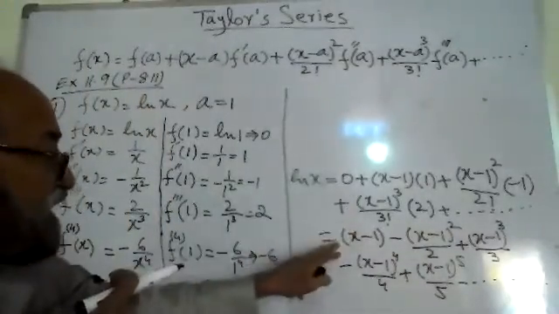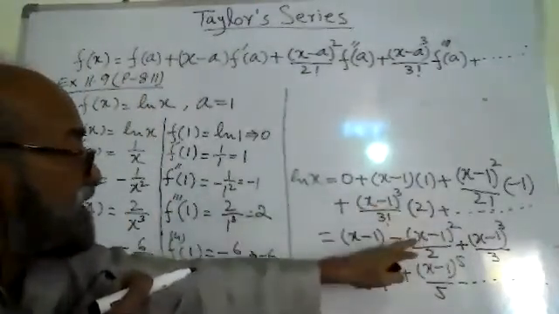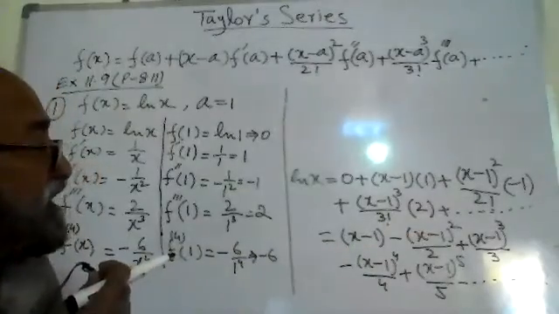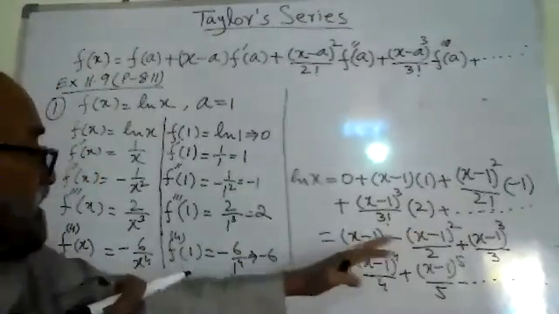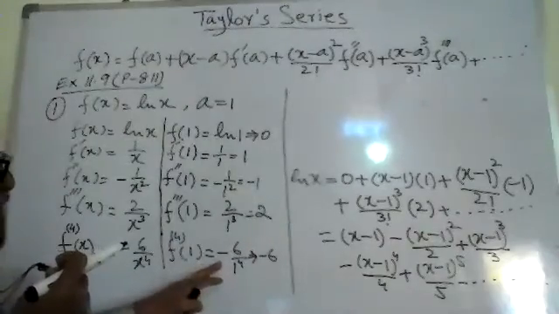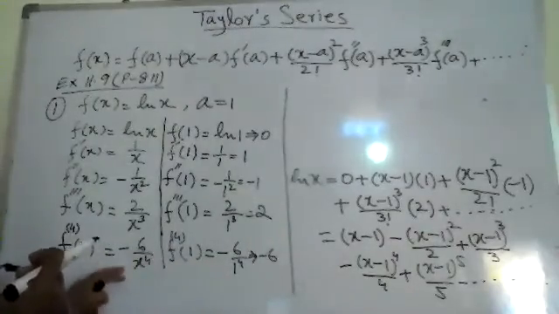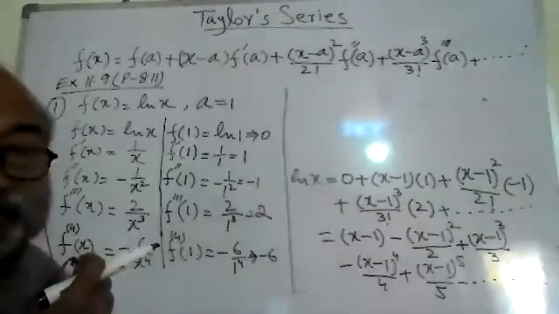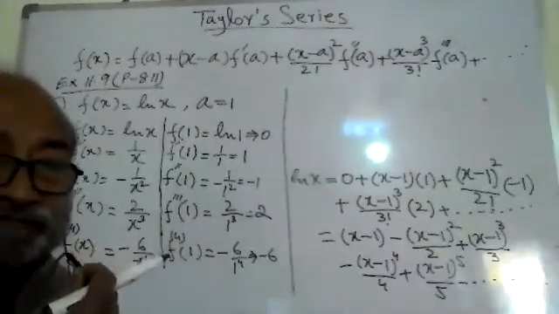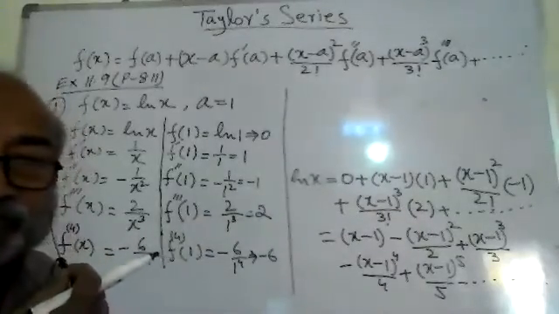The first one is x minus 1, the second we found x minus 1 whole square, the third we found x minus 1 whole cube. I did not use the fourth term; I used up to here, and then I wrote the other terms by observation. So this is the series.